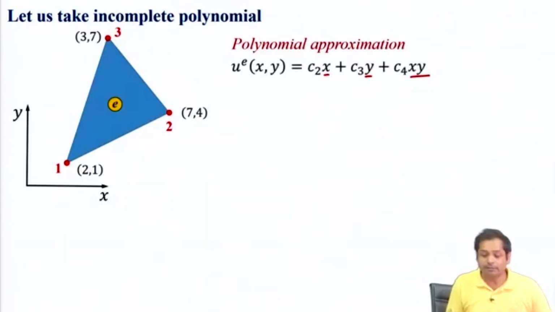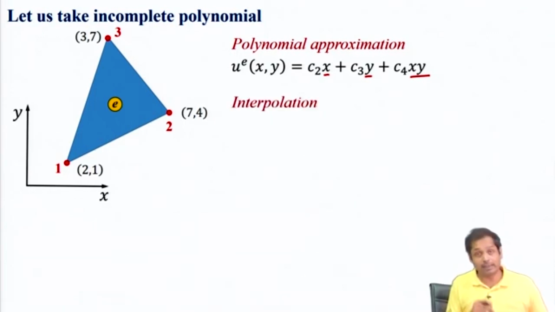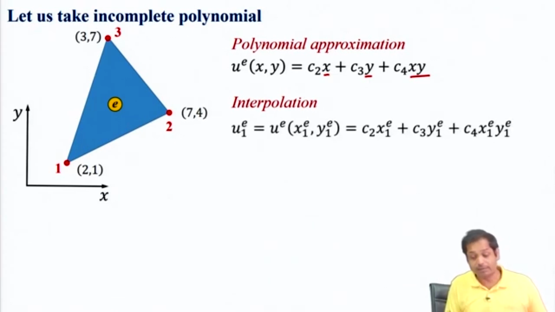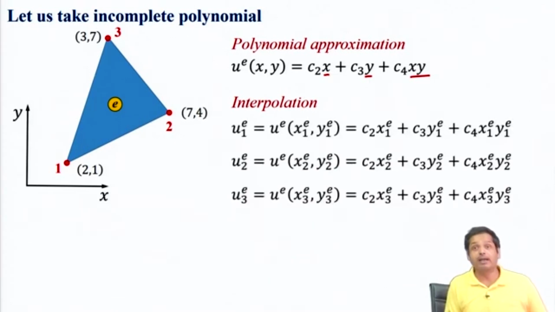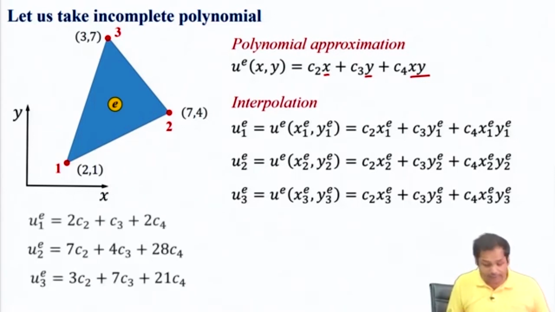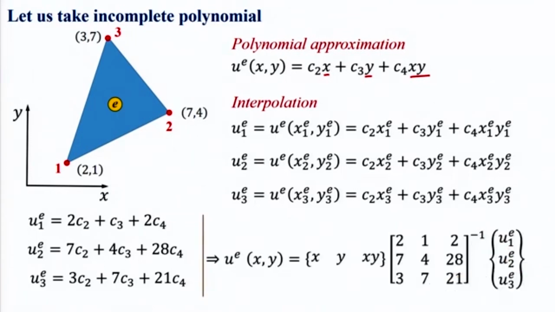So this is the approximation. Next, this approximation needs to be satisfied at every nodal point. That is how the interpolation comes in, and this is the first equation we get, and similarly we will get the other 2 equations. Now if we combine these equations and substitute the coordinates of all the nodes, we get an equation like this, and from this we get u(x,y).